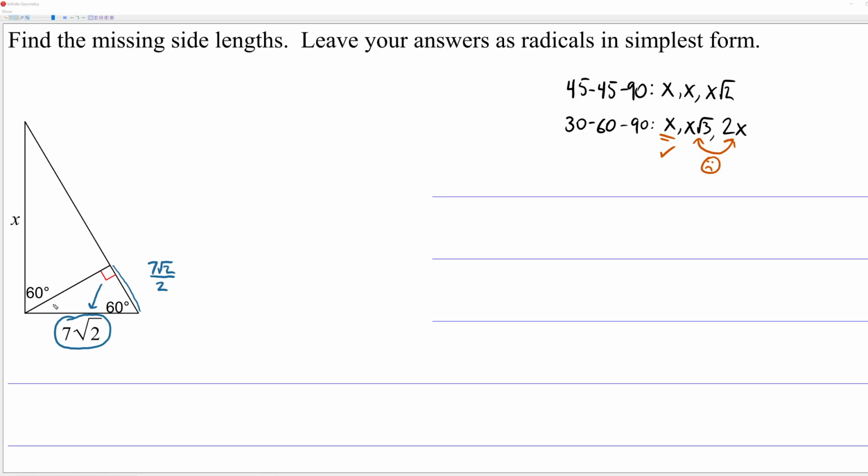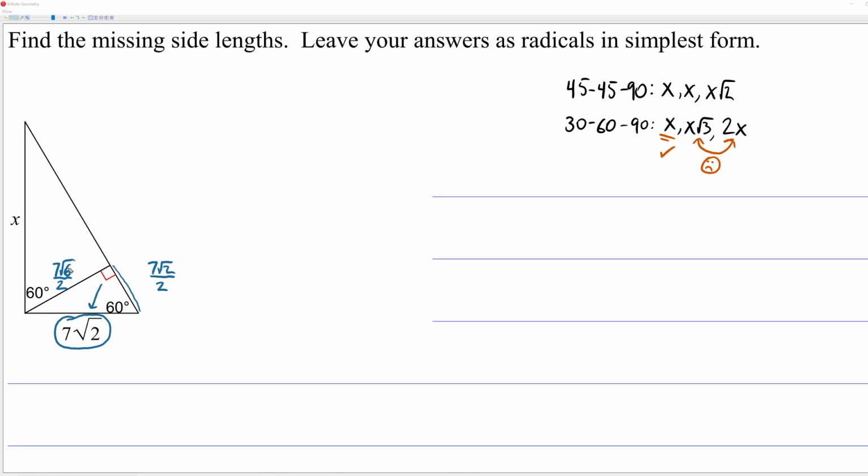And now what about the medium side? To get from the small to the medium, you multiply by the square root of 3. So the medium side is going to be 7 times the square root of 6 over 2. When we multiply by the square root of 3, the square root of 2 times the square root of 3 is the square root of 6. So the smallest side in the top triangle is 7 square root 6 over 2.